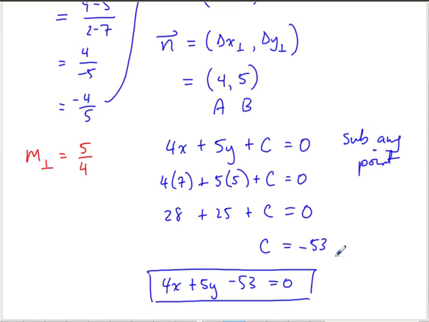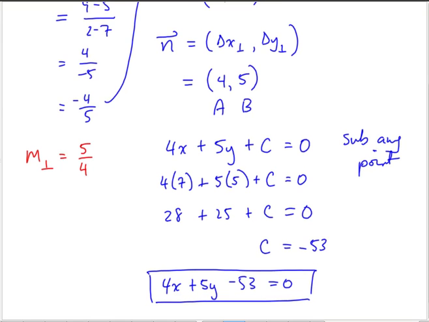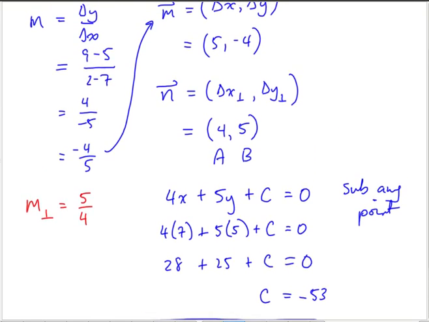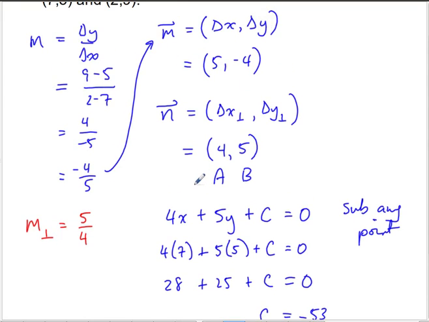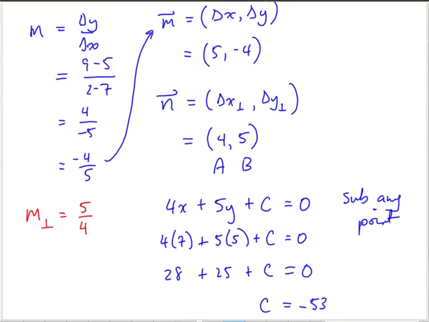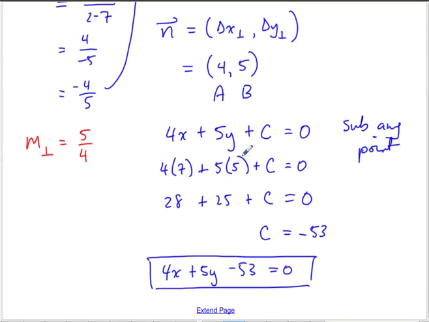I'm trying to get you to appreciate this other way of doing it, because as we move through the course, the idea of using the normal vector, and the Cartesian equation that you come to from a normal vector, matters. Once we move into R3, for example, the slope-intercept form won't be valid anymore, but we will still be able to have a normal vector, and we will still be able to have a Cartesian equation. So we are going to extend past the point where you can use the technique of just slope.